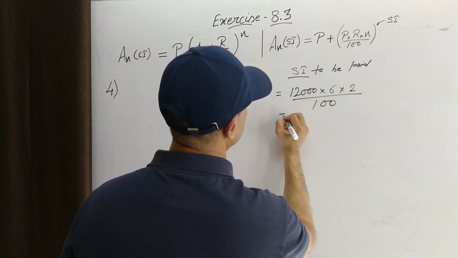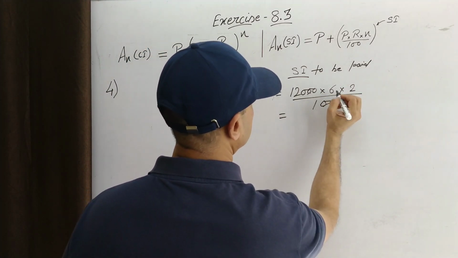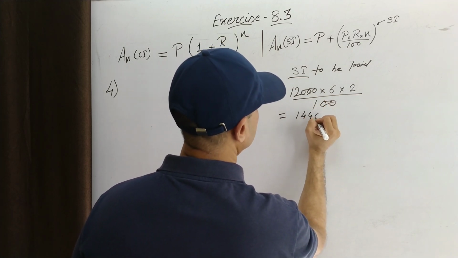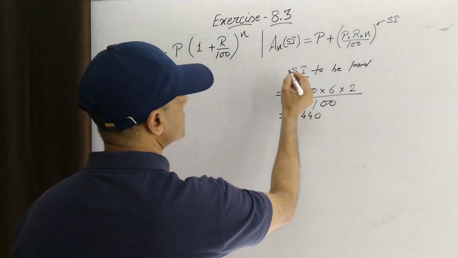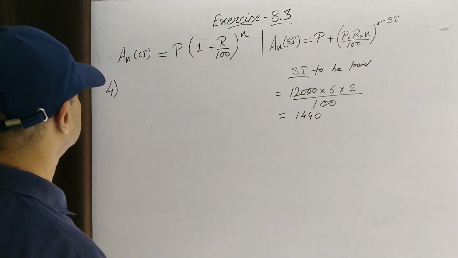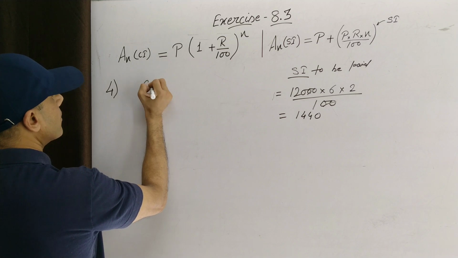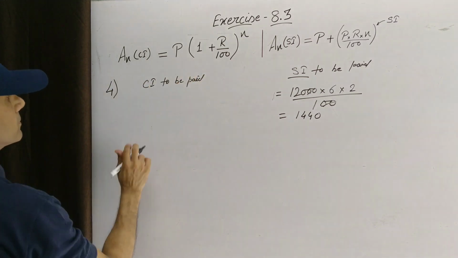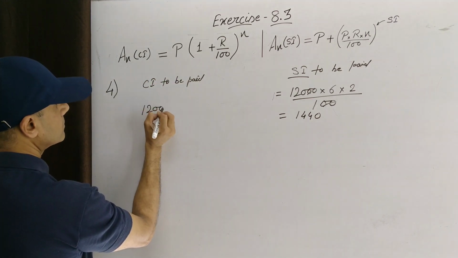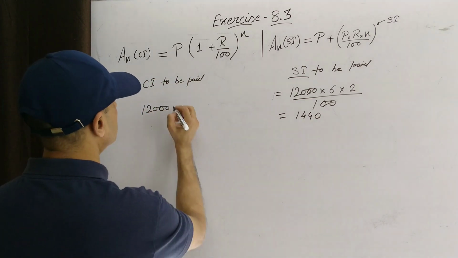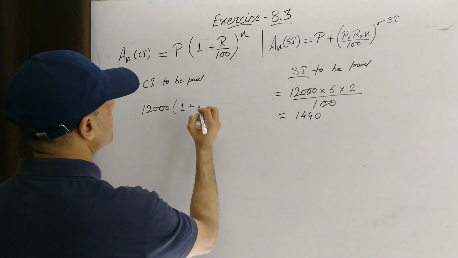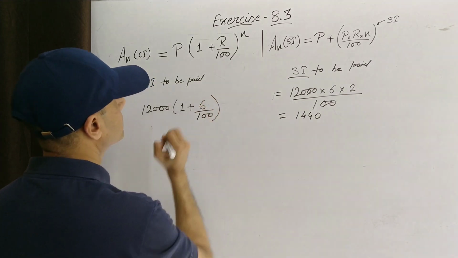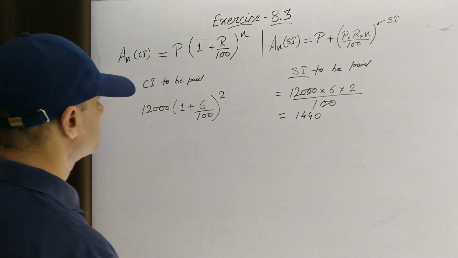So we get the values as 1,440, so this is the simple interest at the end of 2 years. Let's calculate the compound interest. The principal amount is 12,000. Rate of interest is 6% compounded yearly, and it is for 2 years.